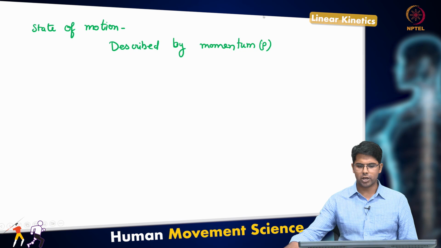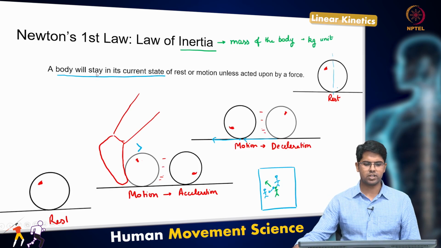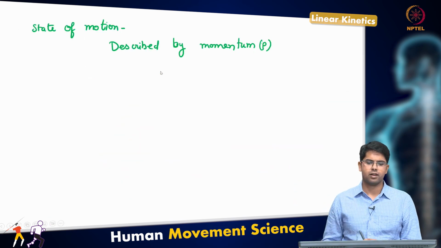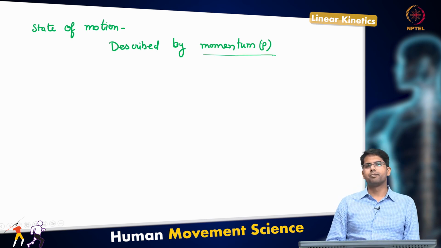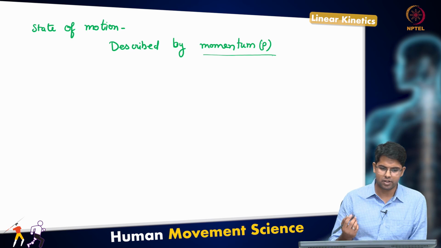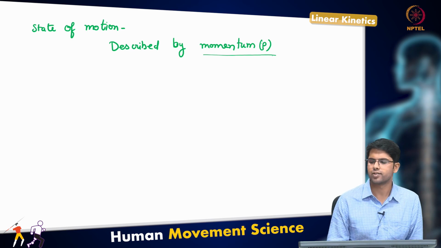Because the body will stay in its current state, it will stay at a particular level of momentum. This is how we can quantify the first law. This is how we can quantify Newton's first law.